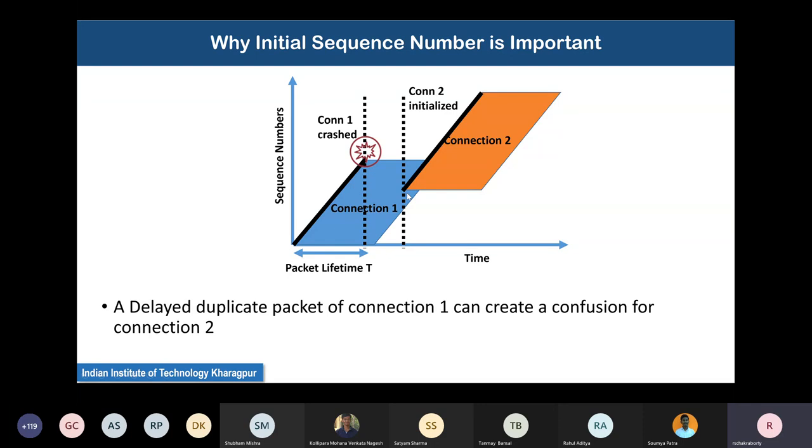They are probably still in the network. For example, if you just consider this horizontal point, it is still in the network till the end of this blue line in the parallelogram. Consider any starting sequence number, say this is 10. Till this point, time T, it is there in the network. In this way, this danger zone is very important.